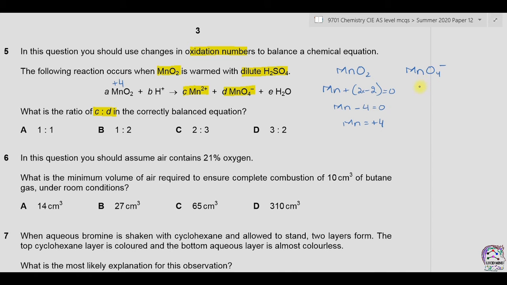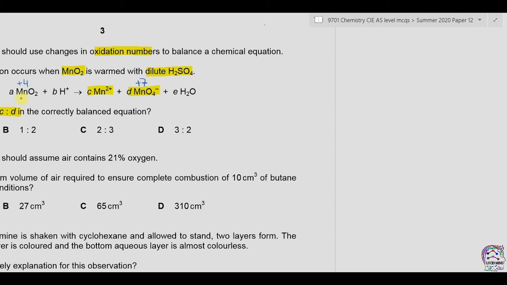In MnO4 minus, we have 1 manganese atom, 4 oxygen atoms, so 4 into -2, and the overall charge is -1. So the oxidation state of Mn is +7. Now in this equation we can see that manganese is being oxidized to +7 and also being reduced to +2.